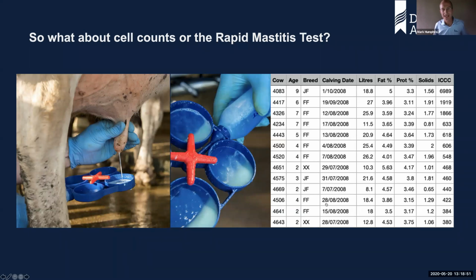If we've got a cow that has no observable clinical signs, so there's no clots or discoloured milk and no udder changes, but yet they are positive to a rapid mastitis test, like a gluggy in that paddle, or the herd test comes back, like the one on the screen here, with some very high cells, so if it's over 250,000 cells per mil, that means that cow is subclinically infected.